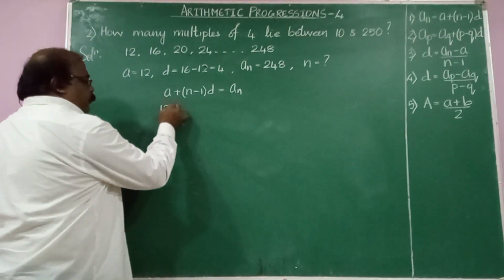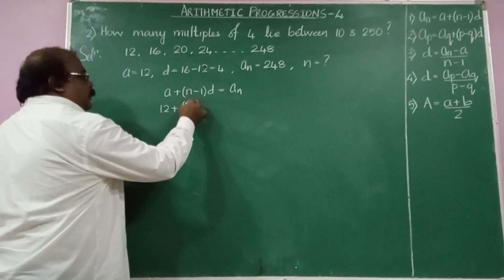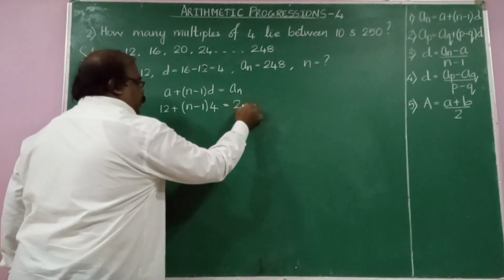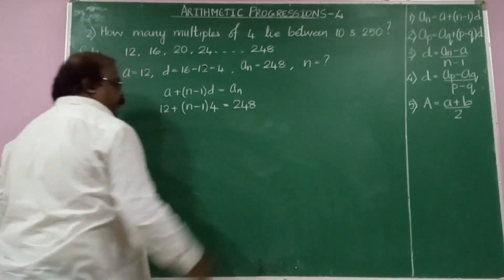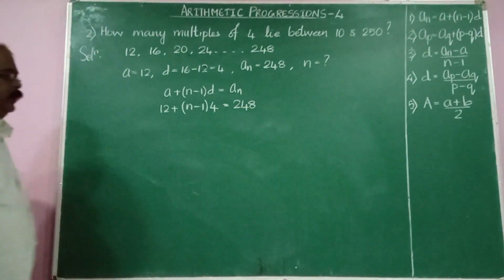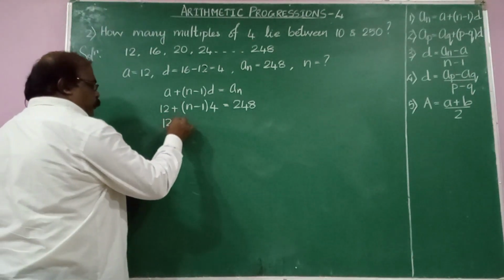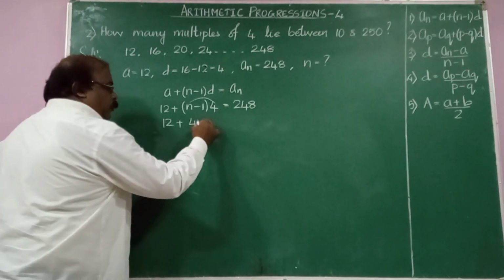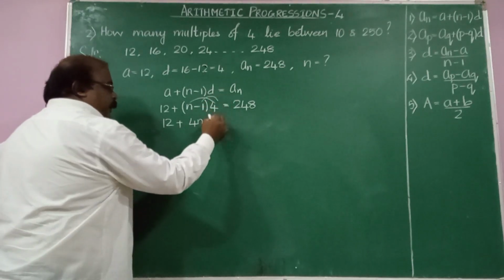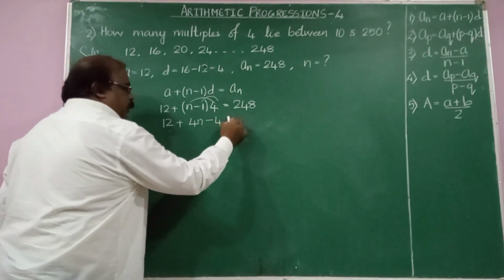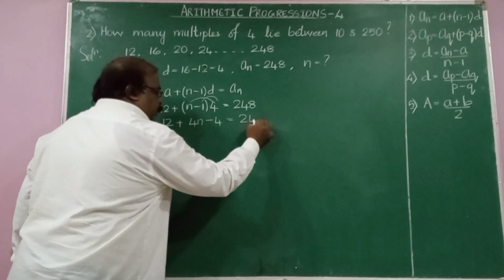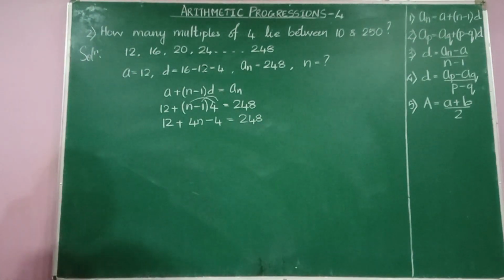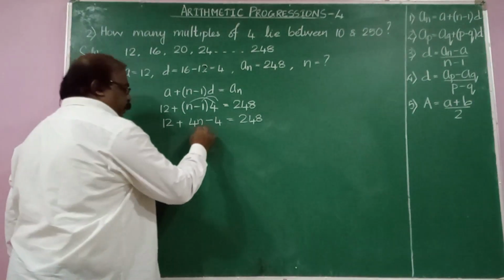So 12 plus n minus 1 into d is equal to an. So 12 plus removal of bracket, 4 into n is 4n, minus 1 into 4 is minus 4, is equal to 248. So let me find out the value of n now.